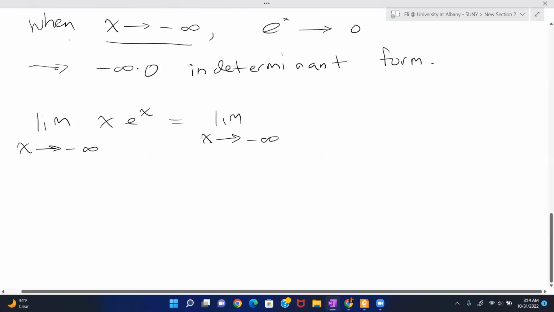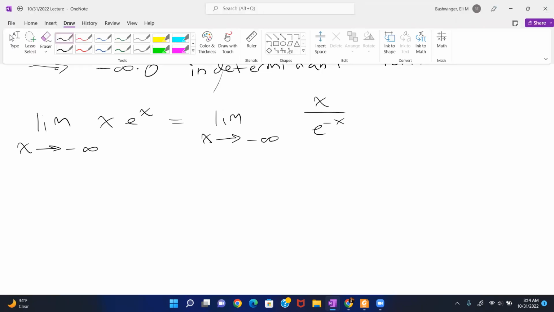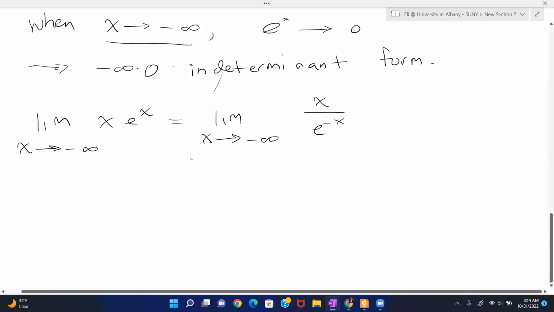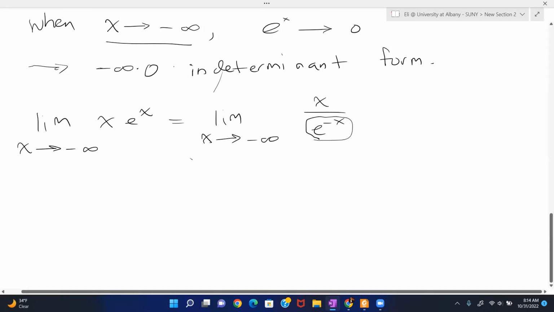So you get x over e to the negative x. Now what happens? Do we get the right indeterminate form? Well, let's see. First of all, if x goes to negative infinity, then trivially x goes to negative infinity. What about this piece right here? What does this approach?